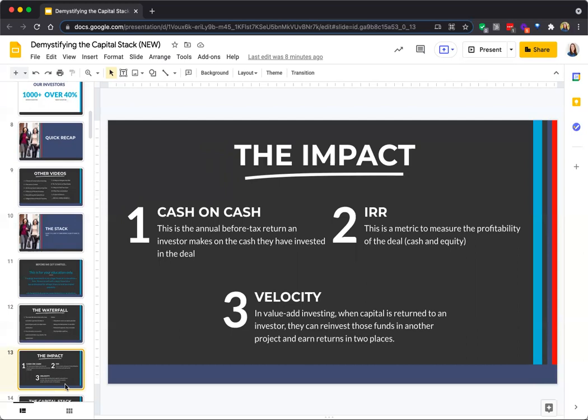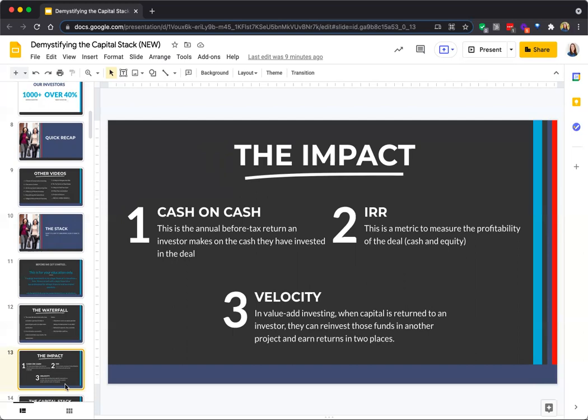It can affect the internal rate of return on the deal as well. This is the profitability of the deal between cash and equity that the investor sees, and it also takes into account when the investor gets their capital back. It can also impact the velocity at which you get your money back.